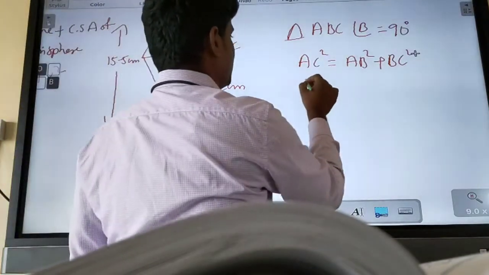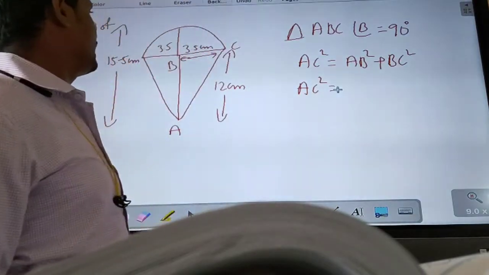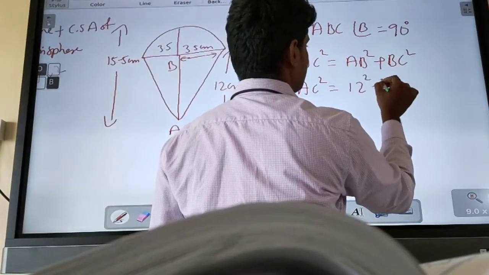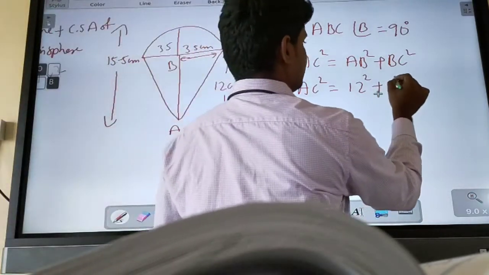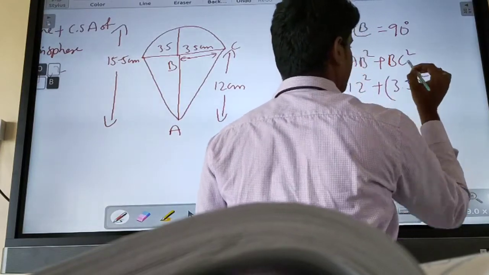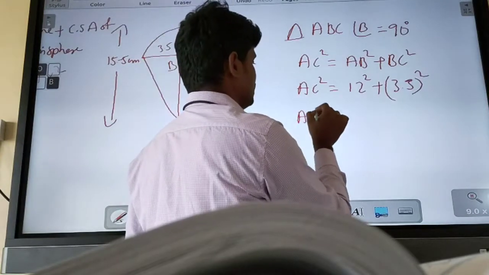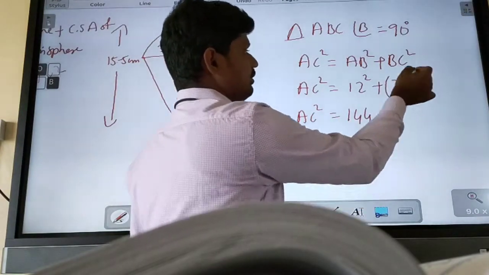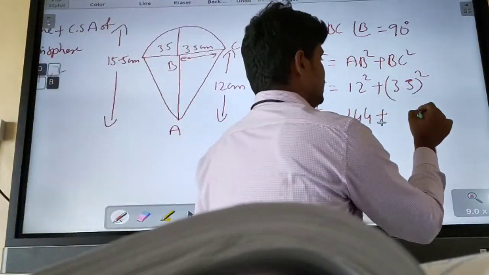Now substitute the values. AC square value we don't know, so keep it as it is. What is the value of AB square? 12 square plus BC square, whose value is 3.5 whole square. Now simplify, children. AC square is equal to 144 plus 3.5 into 3.5. What is the answer?